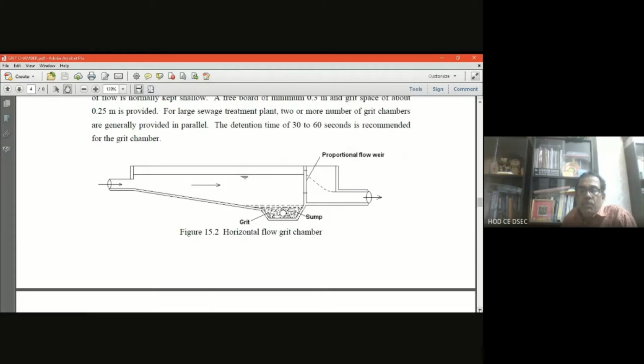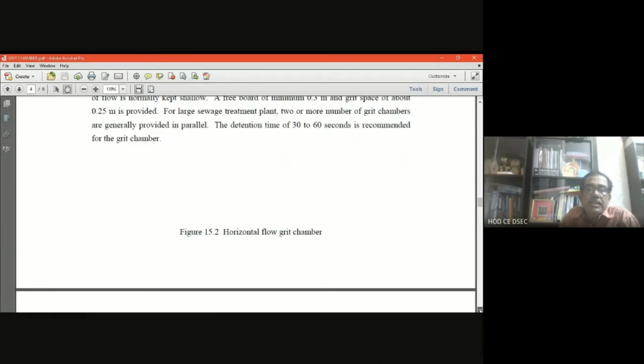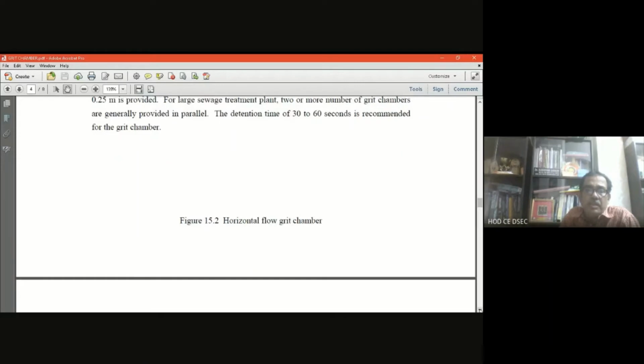If the flow is less, then obviously the organic particles also settle, and if the flow is more, then scouring will take place. So we won't allow varying velocity of flow; we have to maintain a constant velocity. For that purpose, a proportional flow weir arrangement is provided in the cross section at the outlet, downstream portion.